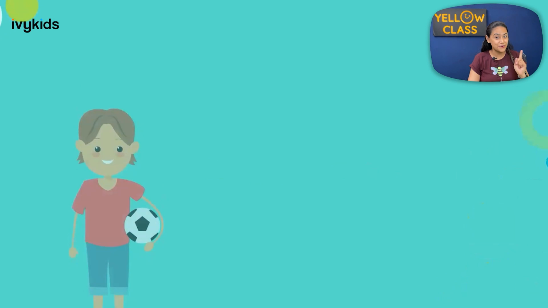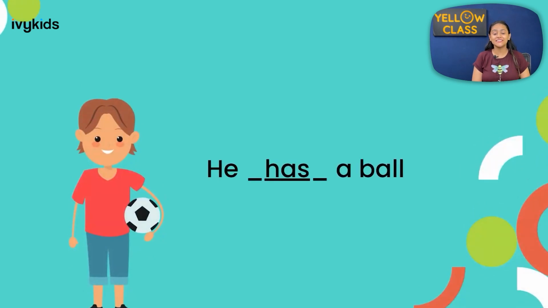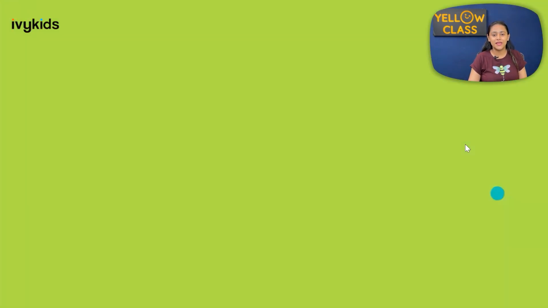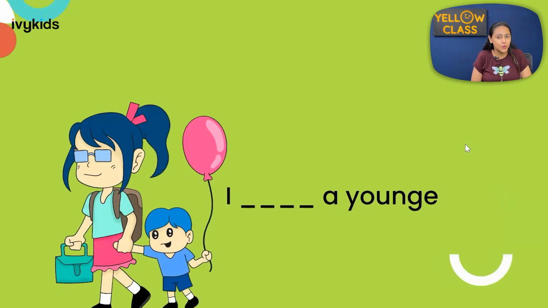Has, as I already told. So the answer is he has a ball. Yes, right everyone? We all are practicing it right now. There is not any test for you for now. We are learning and practicing it. If you still have any doubt, you can ask so that I get the chance to clear your doubt. Okay? Alright. Moving on to the next question.